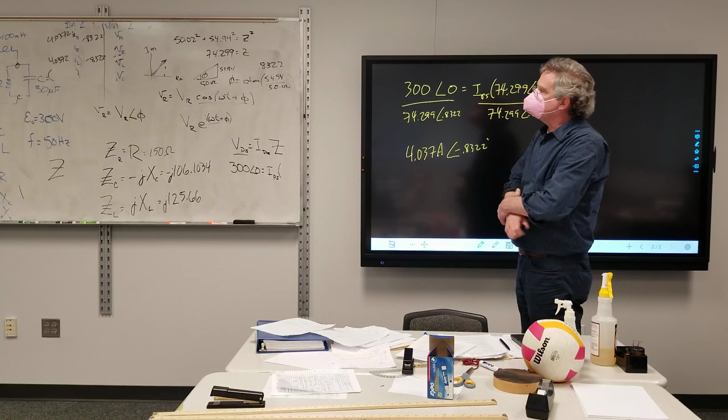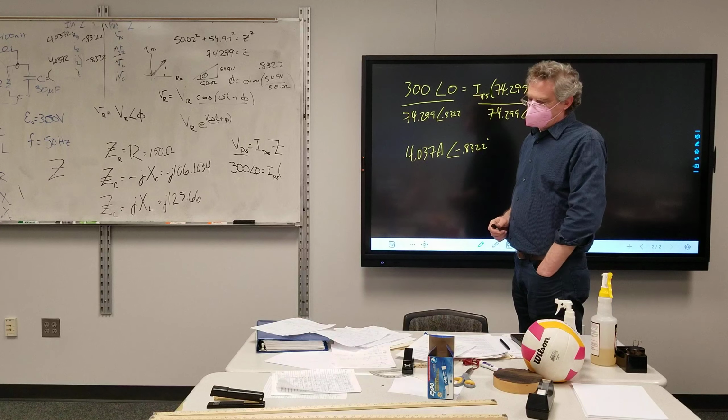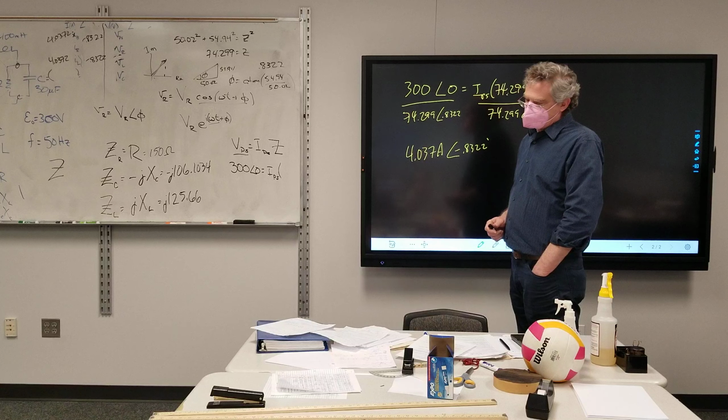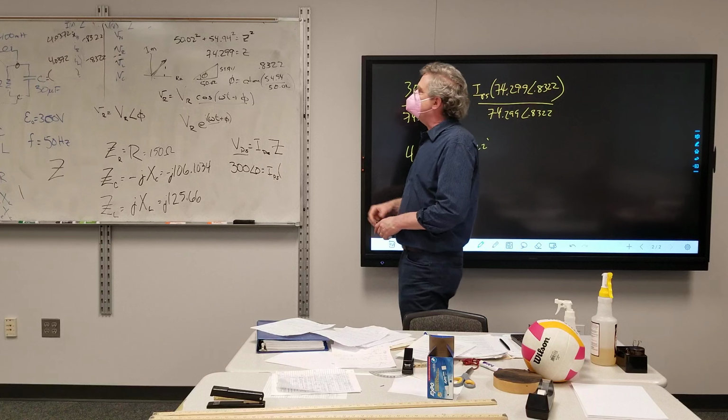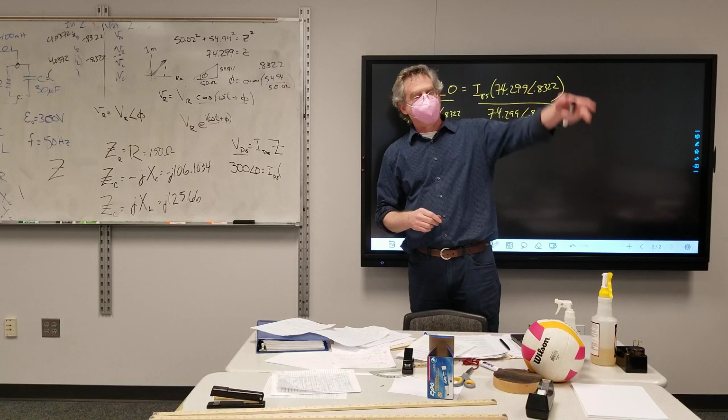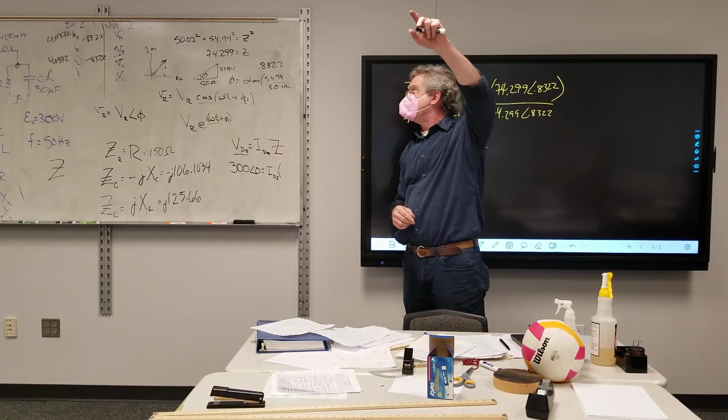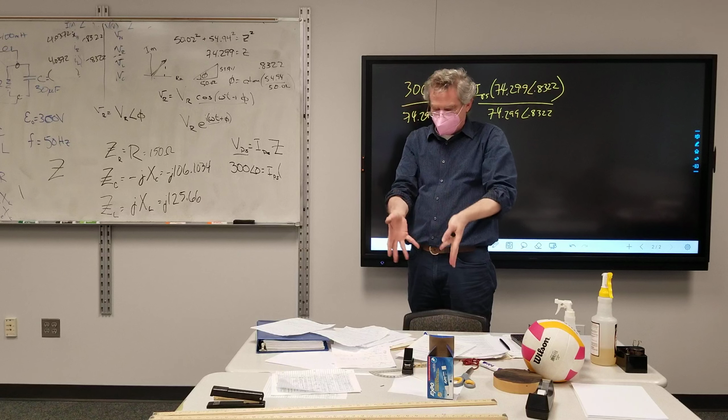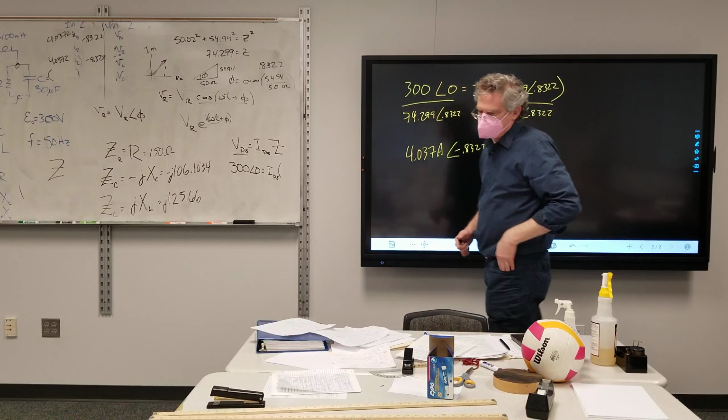I know that the current flowing into the parallel RC structure has to be the same, because it's going out of the power supply across the inductor, and then it comes into this mess right here.